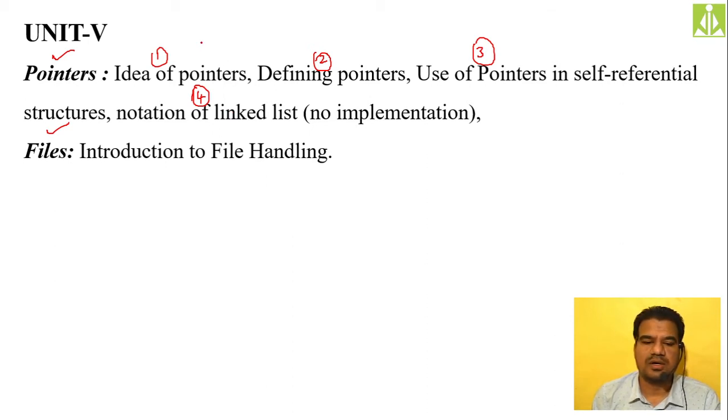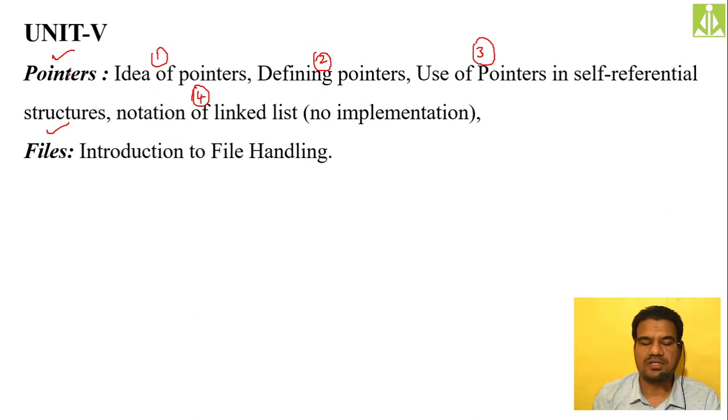So the reason for going for this pointers concept from your fifth unit before discussing the fourth unit is that many of the concepts in your fourth unit are closely related to these pointers. So it is my personal opinion that before going to discuss those concepts, let's have clarity on these pointers.